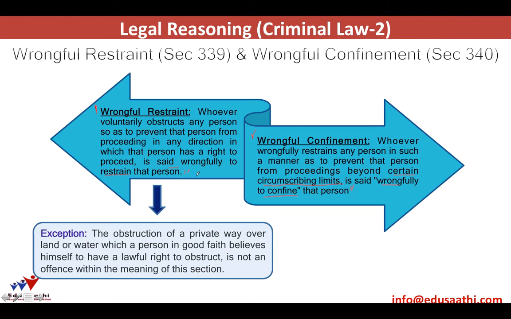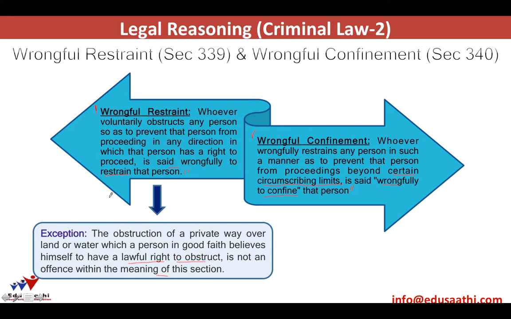There's an exception to the rule of wrongful restraint. It says, the obstruction of a private way over land or water which a person in good faith believes himself to have a lawful right to obstruct is not an offense within the meaning of this section.